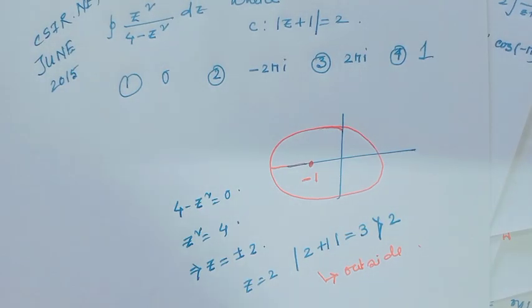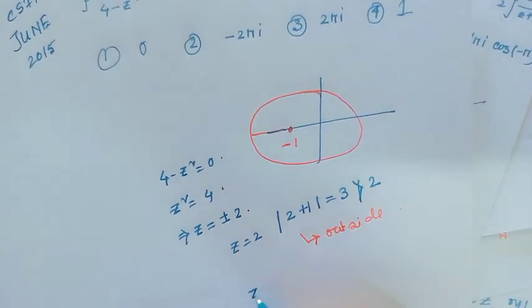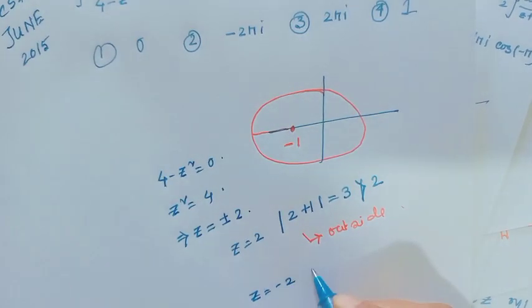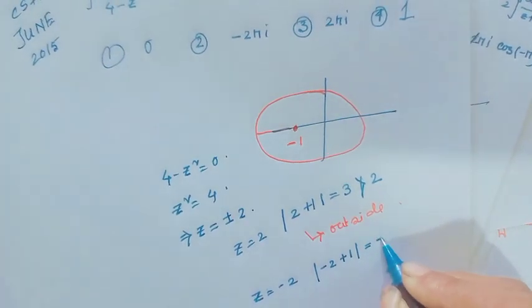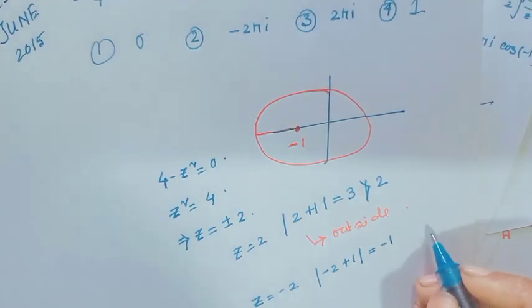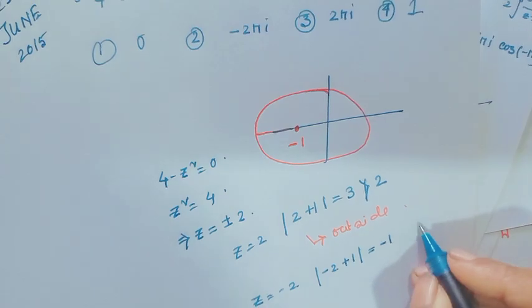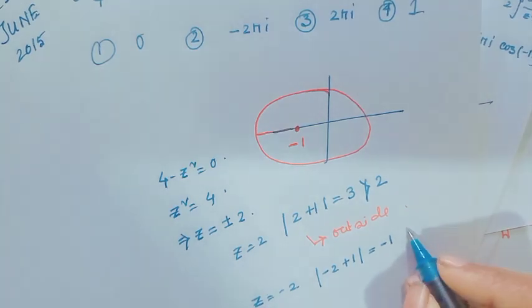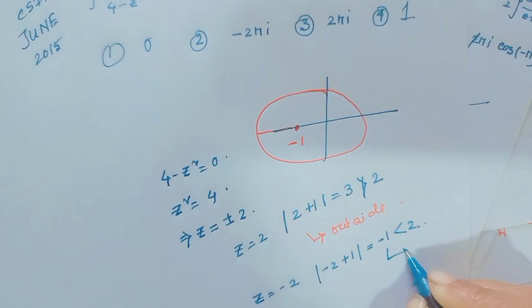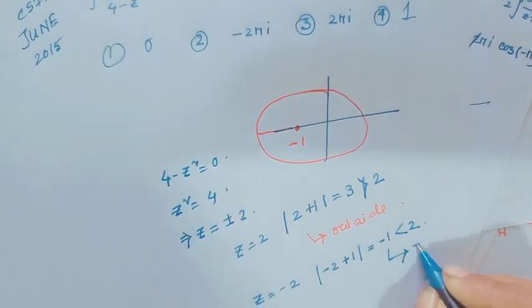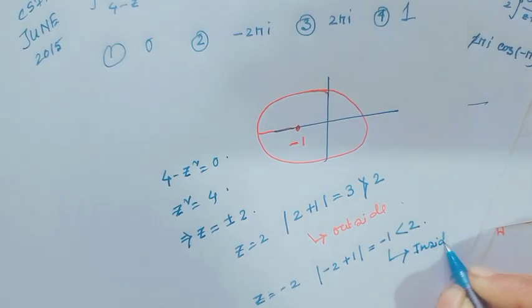And for z equals minus 2, the value is minus 2 plus 1, which equals minus 1, and minus 1 is less than 2, that means z equals minus 2 is inside the circle.